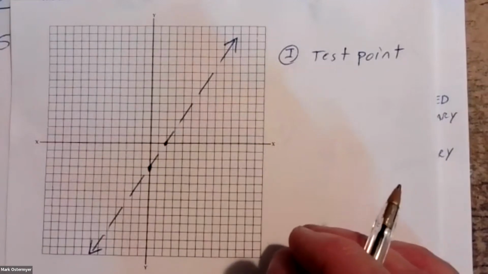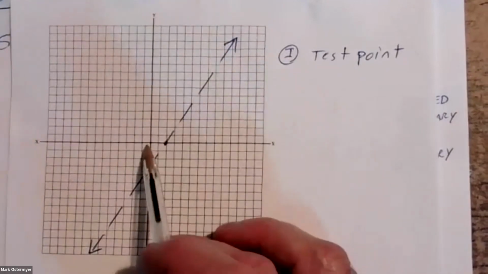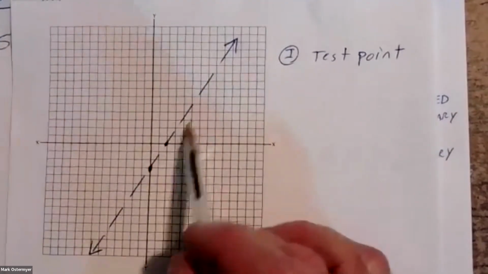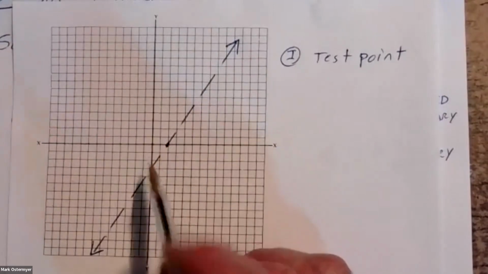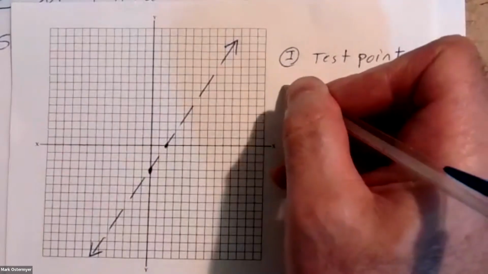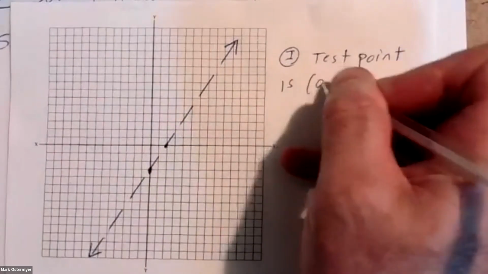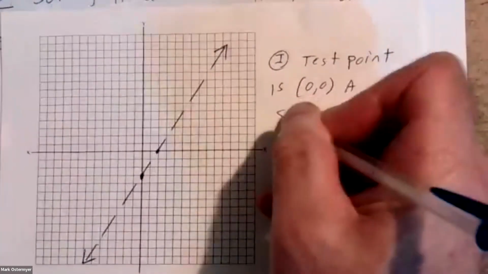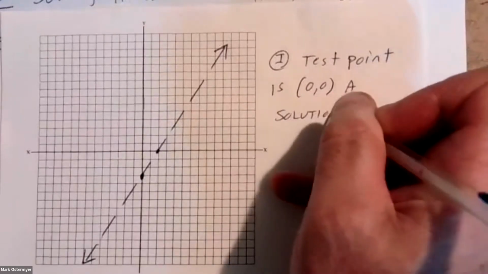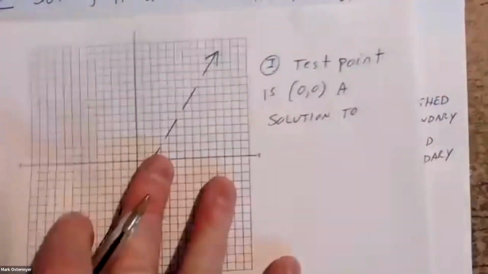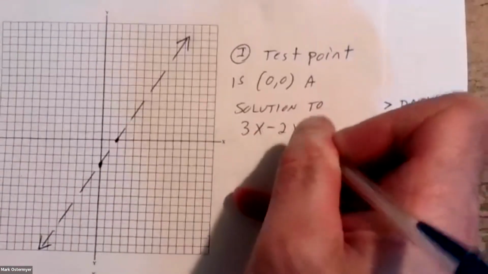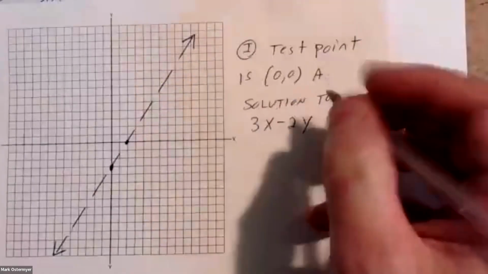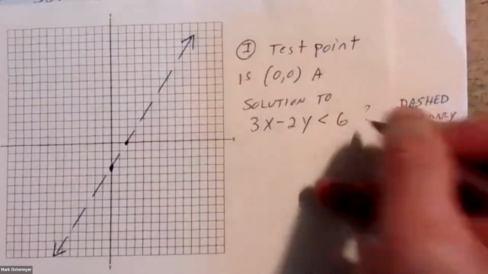The only time you cannot use 0, 0 is if the boundary actually goes through 0, 0. But because my dashed line does not contain 0, 0, I can use 0, 0 as my test point. So I'm going to ask myself, is 0, 0 a solution to the inequality 3x minus 2y less than 6?